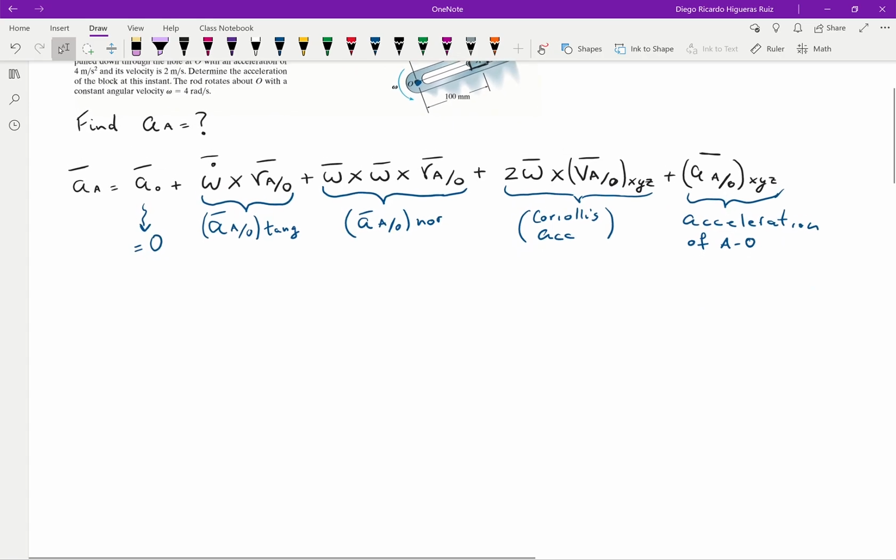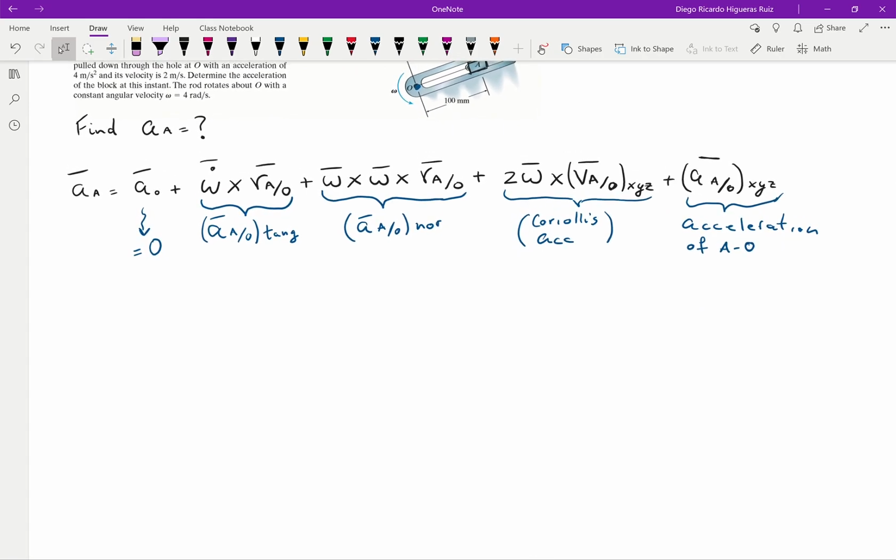Alright, so let's go ahead and try to solve for this. This first problem is going to be pretty straightforward. So we know that the acceleration of point O is 0 plus, here we're going to have omega dot, which is alpha, the angular acceleration. Well, it's not actually given in the problem.